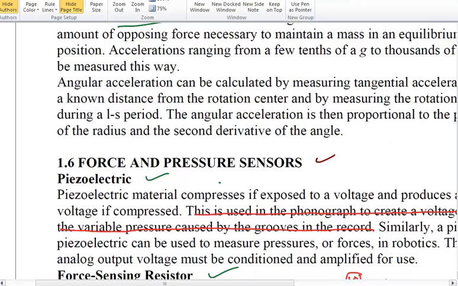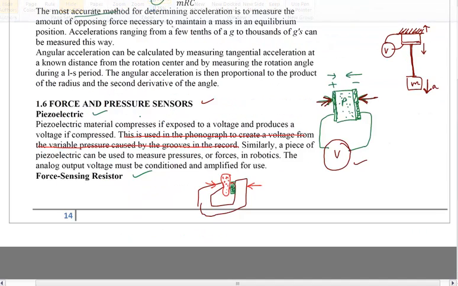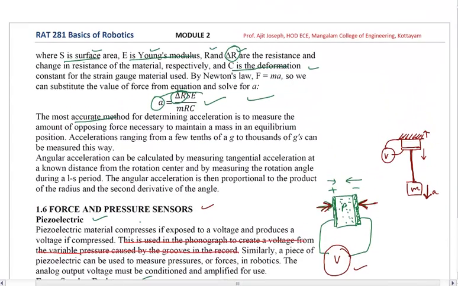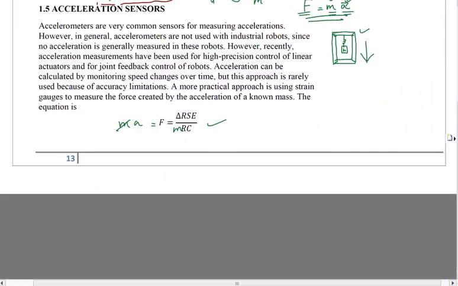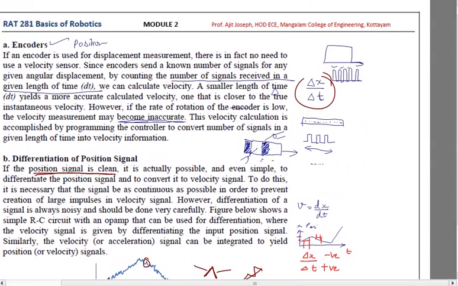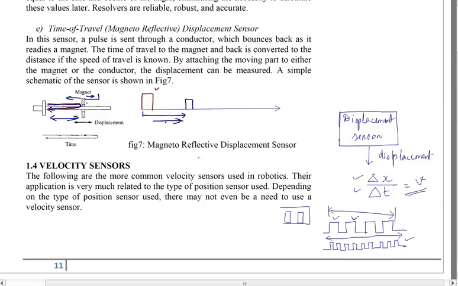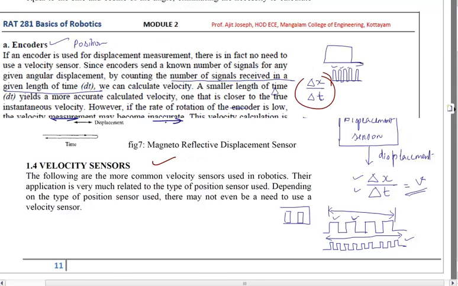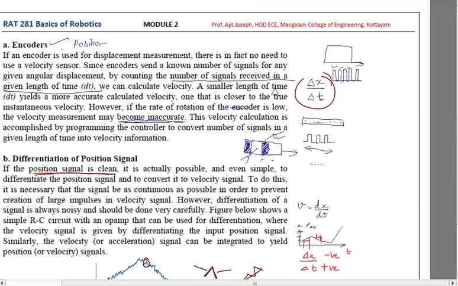which was, let me review it. Okay, today we had studied the velocity sensors, acceleration sensors. Let me start from here. So velocity sensors we had studied, which basically was using the same position sensor encoder.